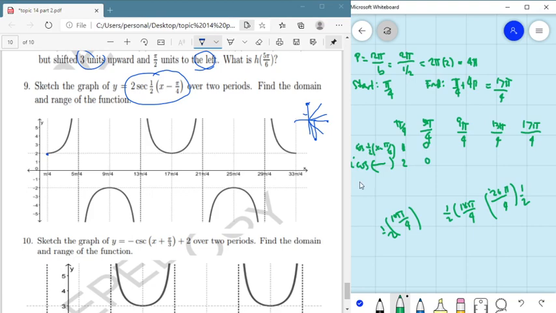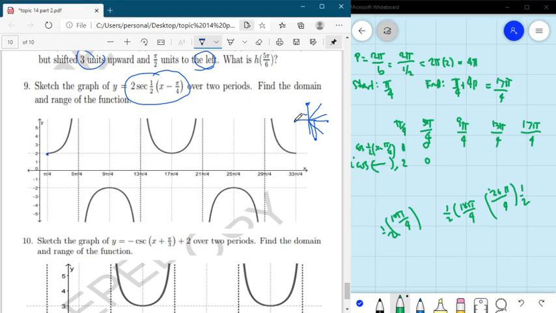Then at 9 pi over 4, 9 pi over 4 minus pi over 4 is 8 pi over 4 or 2 pi, times 1/2 is pi.